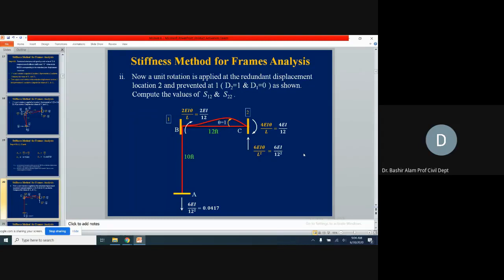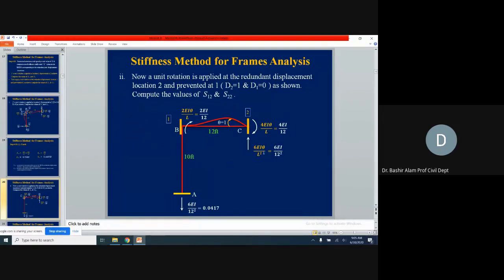Coming to the stiffness matrix now. S at 1 due to 2, S12, will be equal to, from member BA we have 0 moment, but from member BC we have 2EI over 12. So 0 plus 2EI over 12. So S12 is equal to 2EI over 12. You make a note of this. And S22 is equal to 4EI over 12.